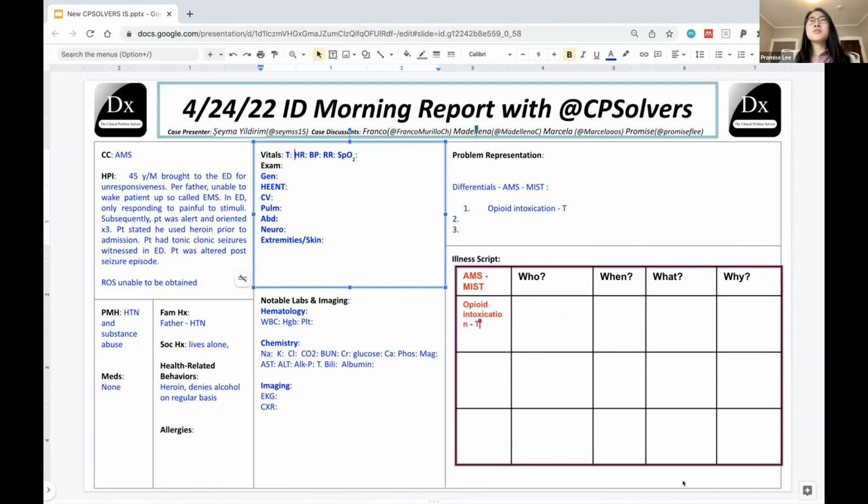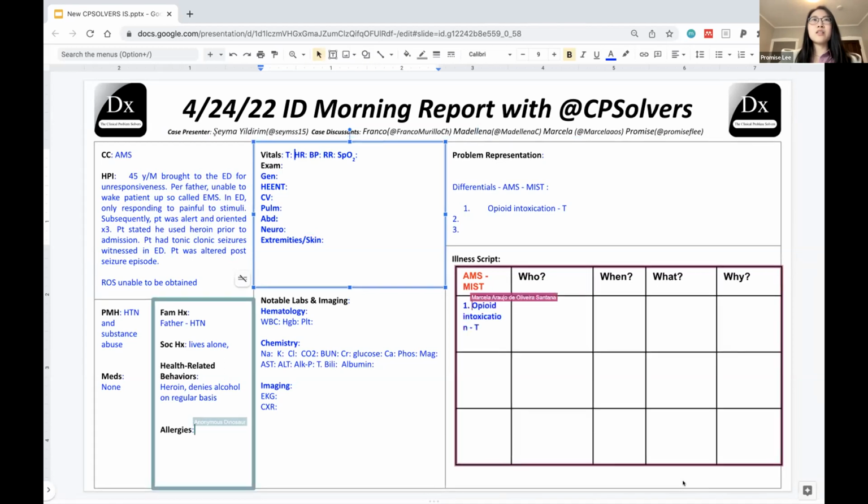And some clues that can help me differentiate whether or not this would be a true clonic seizure would be loss of consciousness, post-ictal status, tongue biting, and loss of sphincter control. Those will be more likely to be a true seizure. But sometimes we have to be aware that they can be misleading.